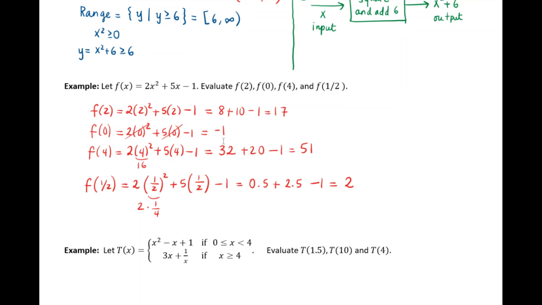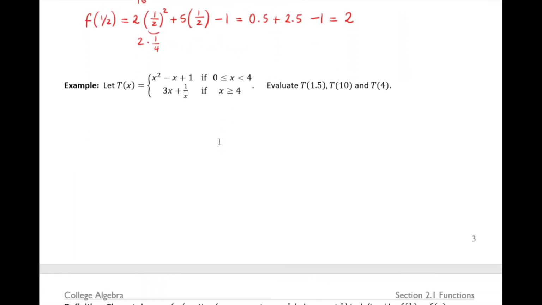Okay, now let's take a look at this one. This is what we call a piecewise defined function. So it has some conditions, so it produces an output depending on what you plug in there. Like for example, 1.5. If x is 1.5, which category does it fit into? Whenever you have t of 1.5, which one should I use?